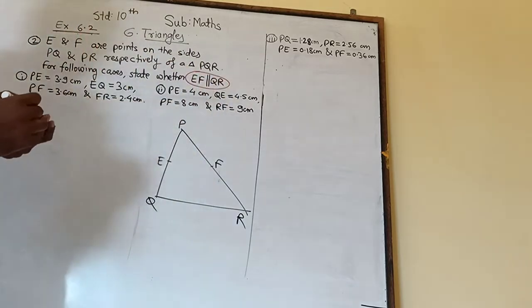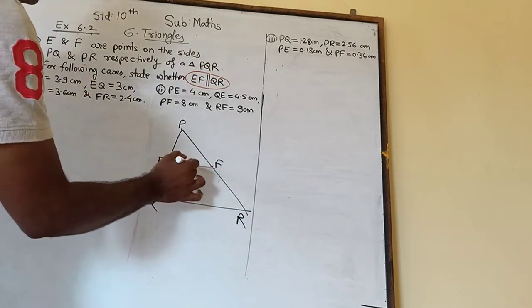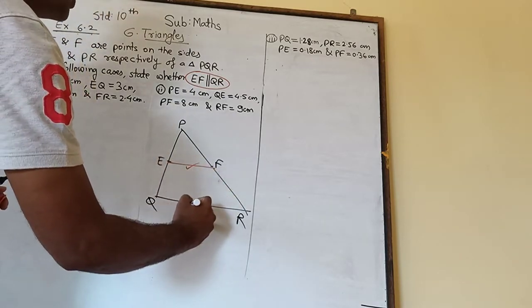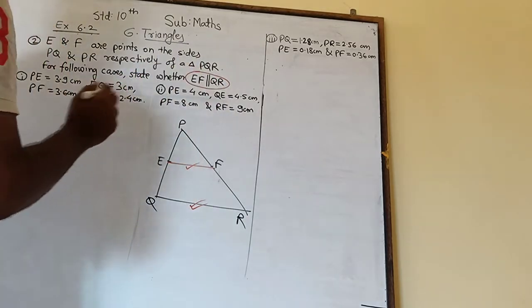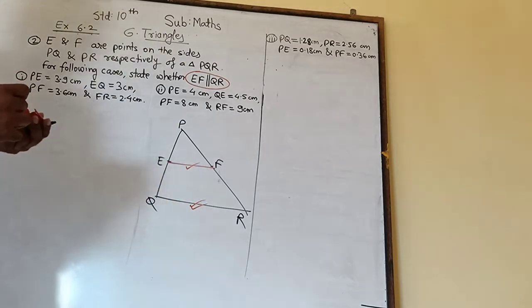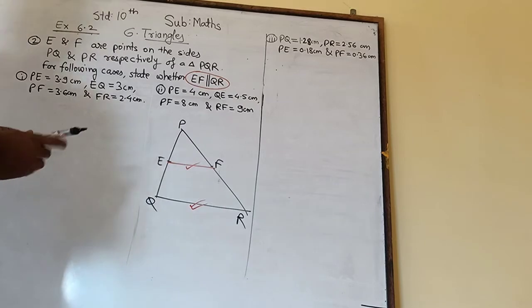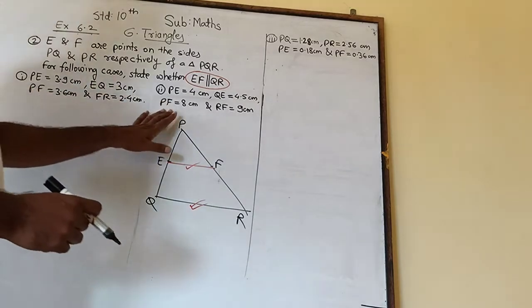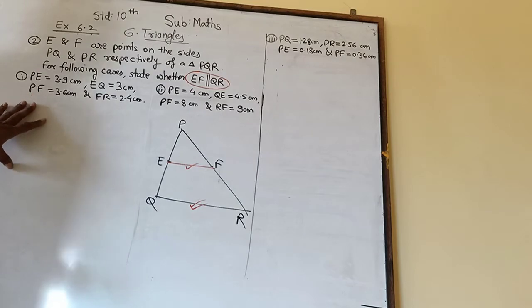That means students, we have to check whether EF and QR are parallel or not. So students, there are three questions given, 1, 2 and 3. So we are going to start with this.